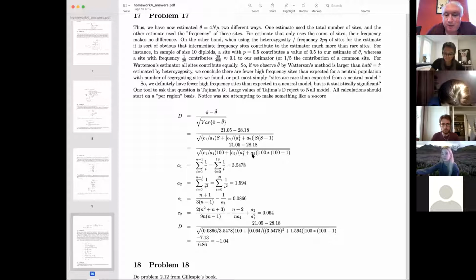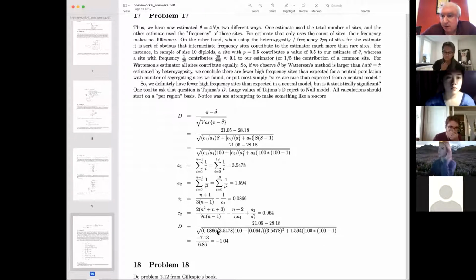So I left that the way it was, but for some of the others, I collapsed terms. And the little n you see is the number of alleles. It's just plug and chug. And if I have done the arithmetic correctly, the answer was -1. Is there a chance I have done the arithmetic wrong? Oh yeah. But I think it is correct.